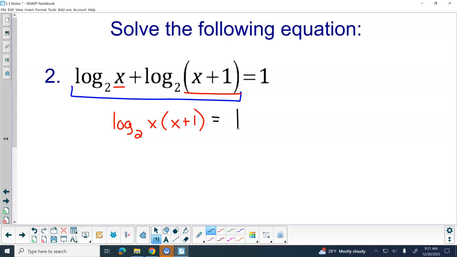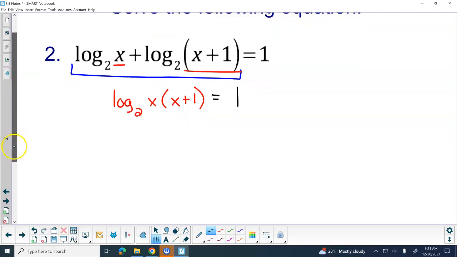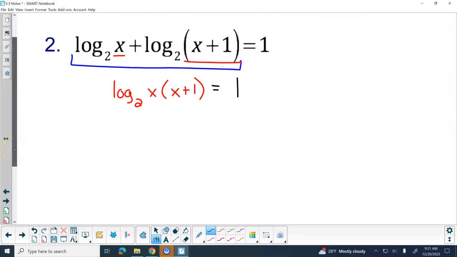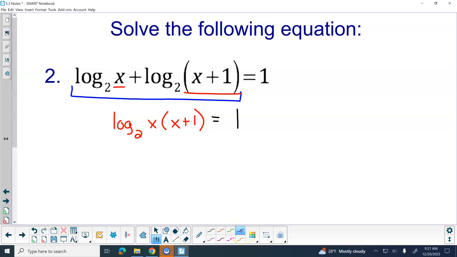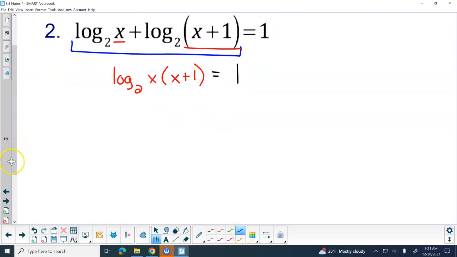So after I isolate my log, what do I do? You convert. Switch forms. So what would the switched form be? Two to the first power equals x times the quantity x plus 1.